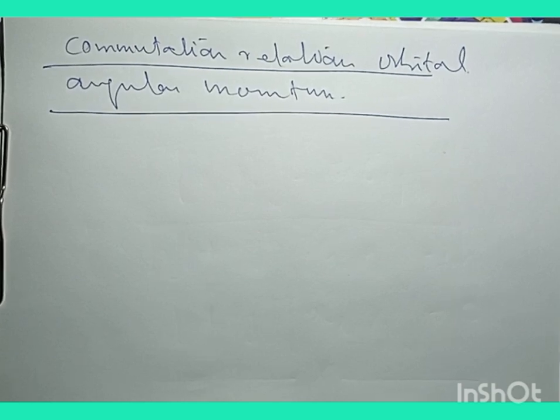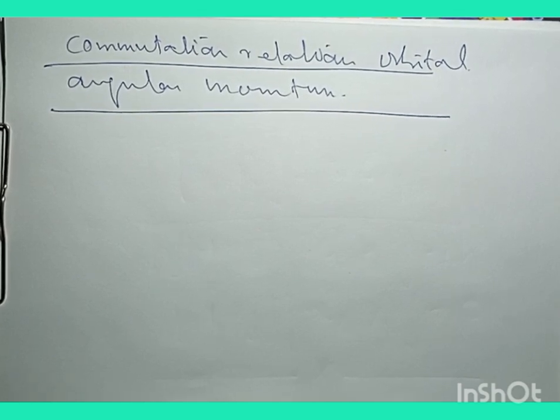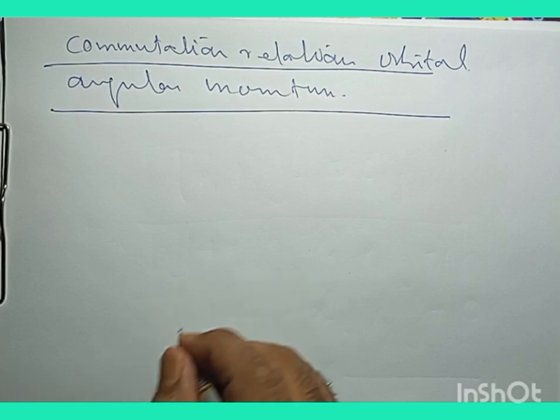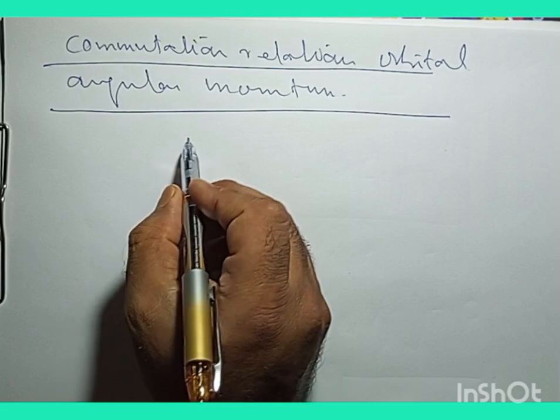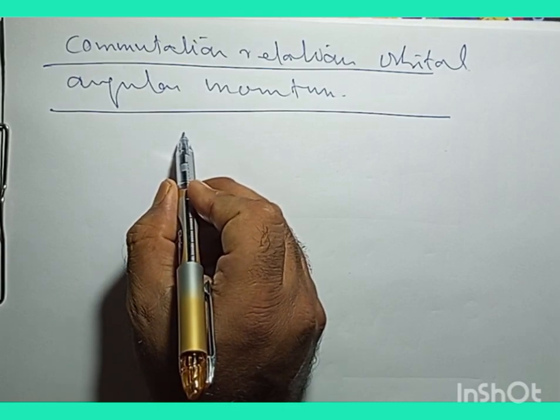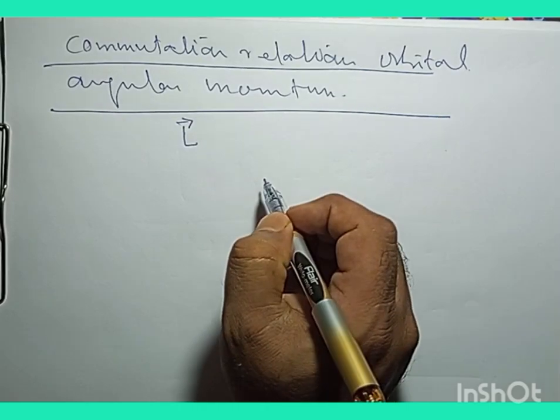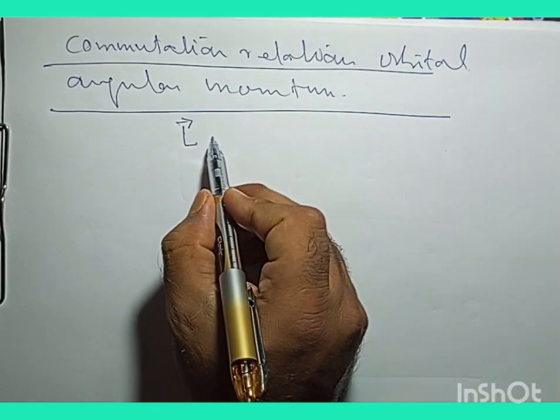So dear students, here we are going to obtain the commutation relations among the orbital angular momentum components, and we can start with the definition of orbital angular momentum. Suppose L is the orbital angular momentum.